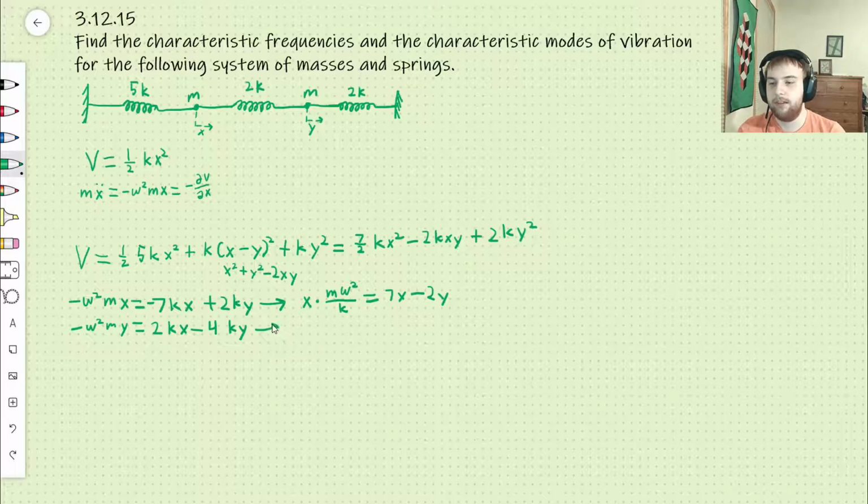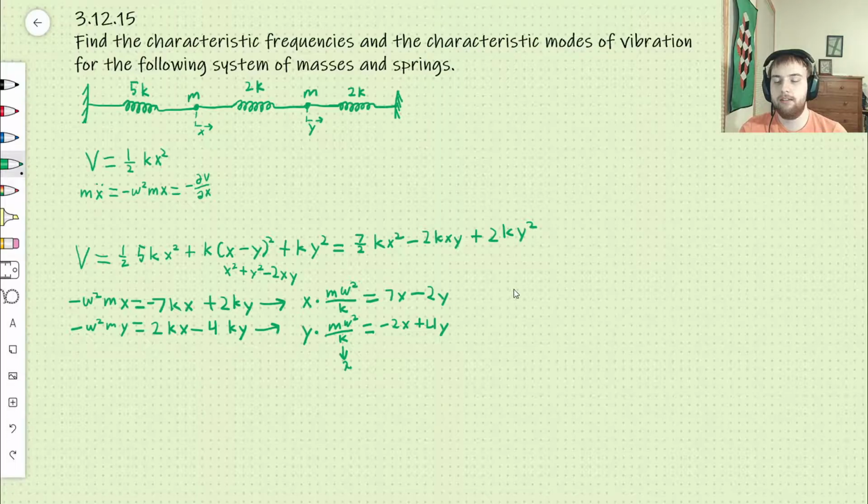Once again, we can rewrite this as y times m omega squared over k equals negative 2x plus 4y. For simplicity's sake, we're going to call this lambda for now. It'll make things a little simpler.